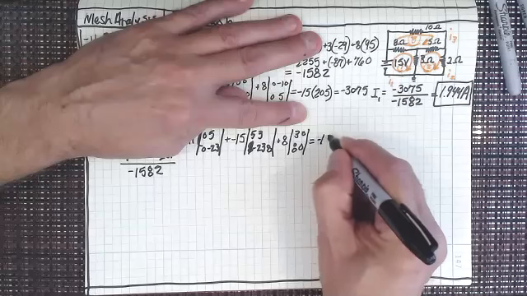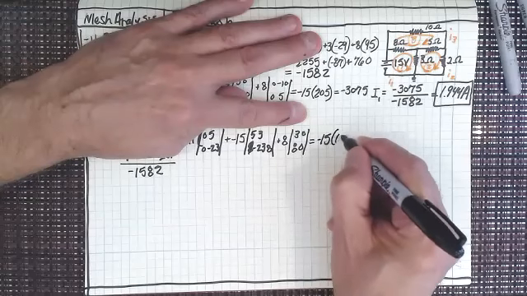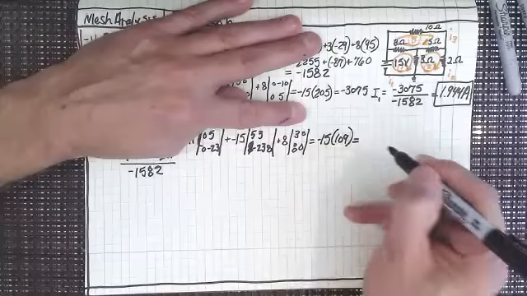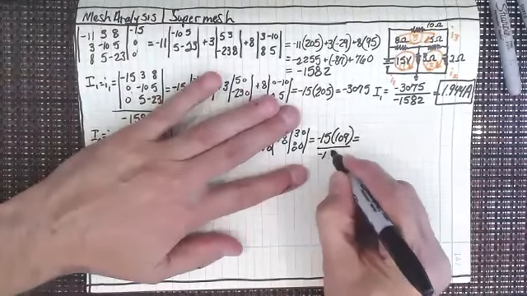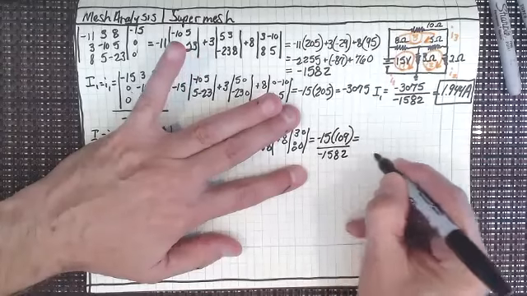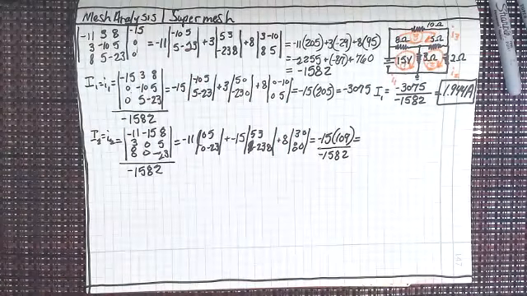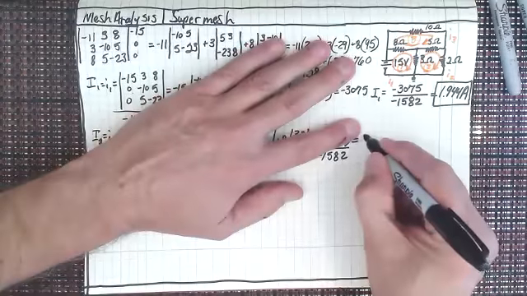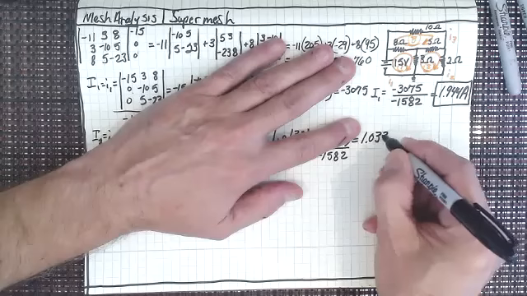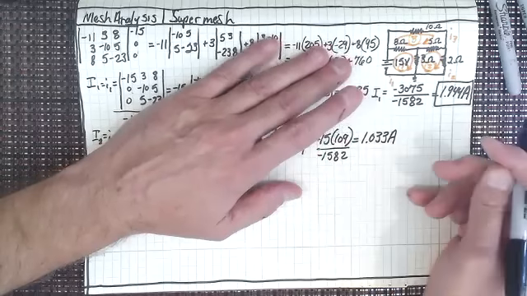So minus 15 times 109. And of course, on bottom, that's going to be the minus 1582. So 15 times 109 divided by 1582 gives me 1.0338 amps.